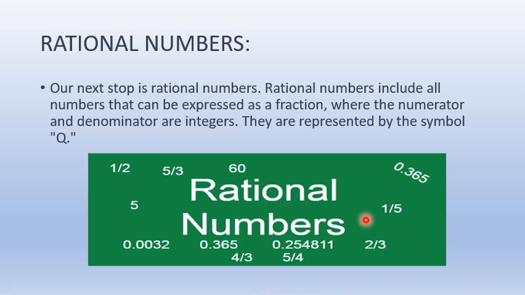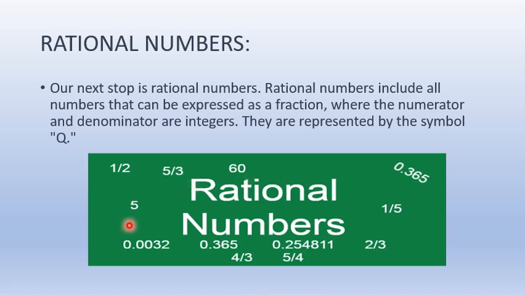Let's just say 1 upon 5, 2 by 3, which I have written as fractions. But when you divide this fraction, you will get some value in decimal form, right? So that's why 0.365 is also a rational number.